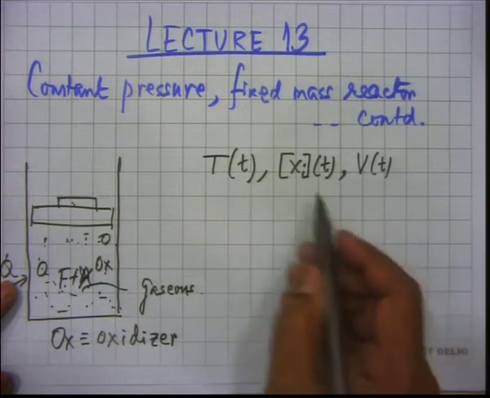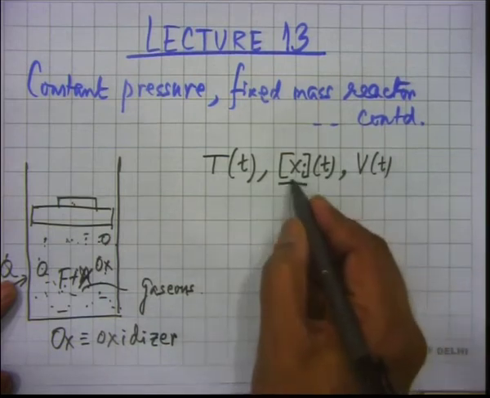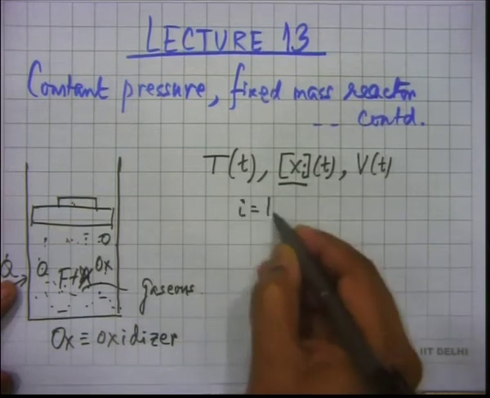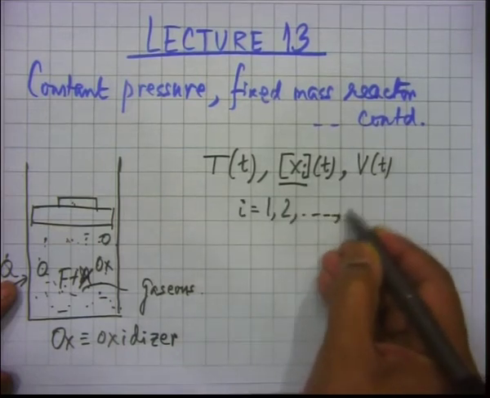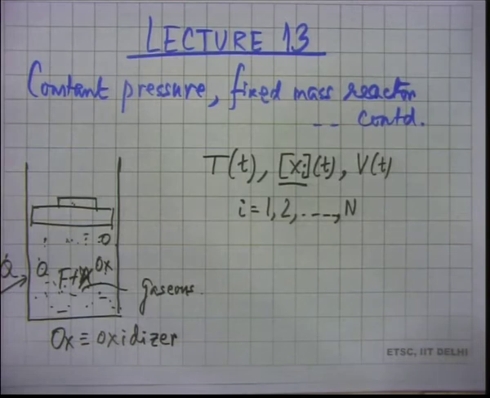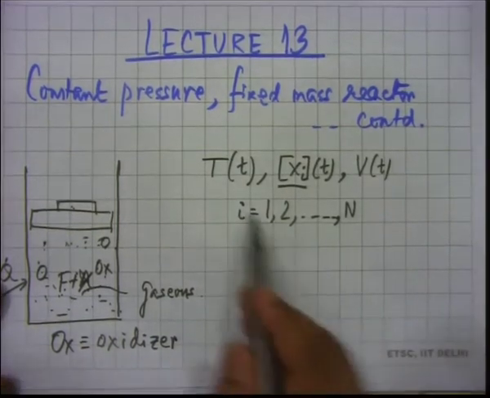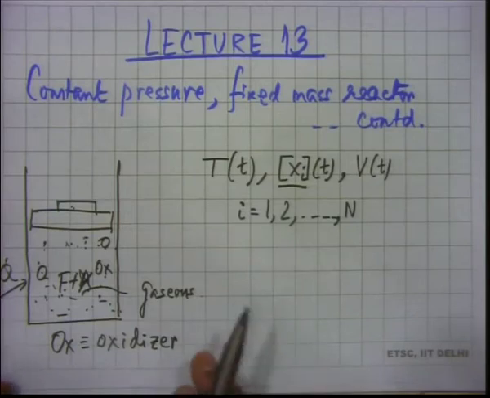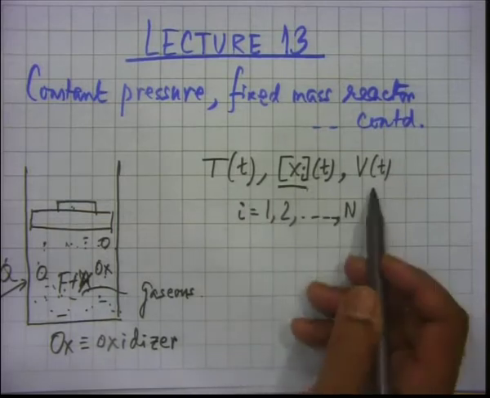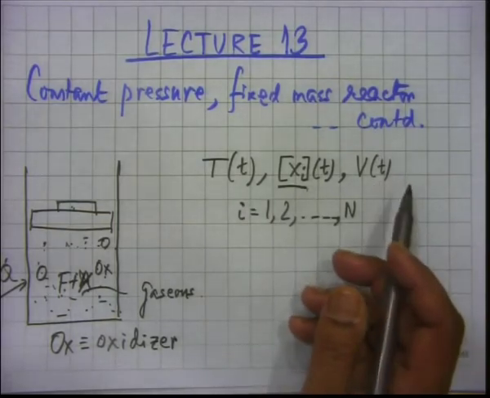So, X_i means the ith species, this i can go from 1 to n. And since we have so many variables, we wanted to develop equations which will be the same as the number of unknowns, so that we can solve.